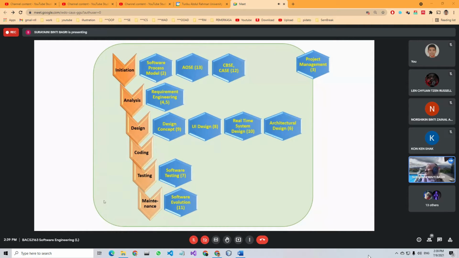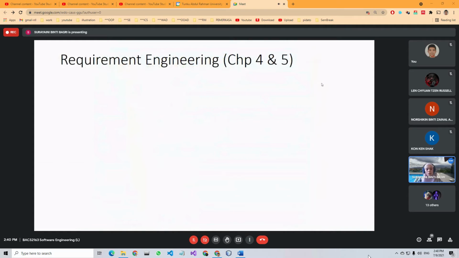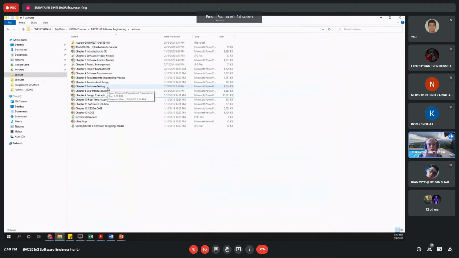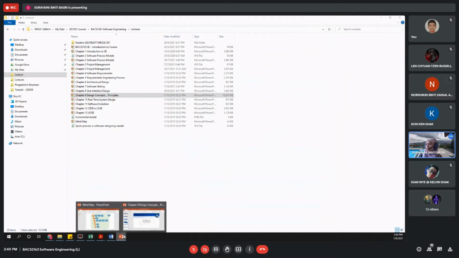All of that process we learn in project management, where the project manager is responsible for handling all of the processes that happen in the SDLC stages. We learned about that in chapter 3 previously. Okay, so we already know where we are now. So now we proceed to our chapter 9 for today, which is the design concept and principles.